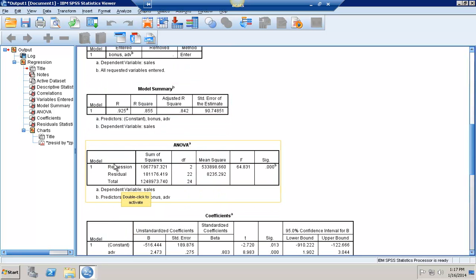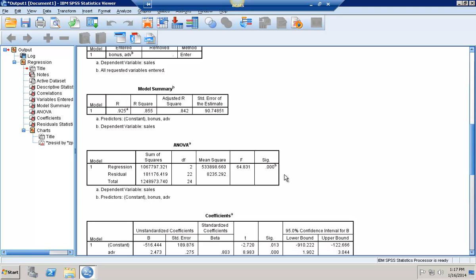I can look down here at my ANOVA table, which I'm going to need later to do my partial F test. I'll need to look in the sum of squares area there. But for right now, I'm going to go over to my F test and look at my F statistic of 64.83, and then the significance of F, which is 0.0.